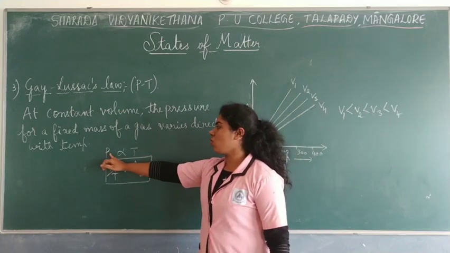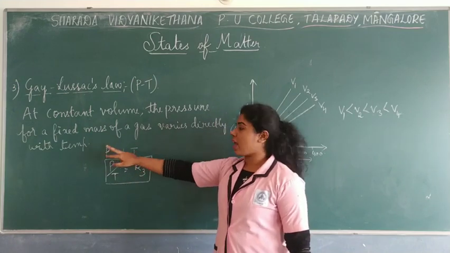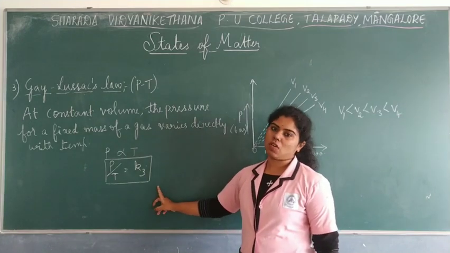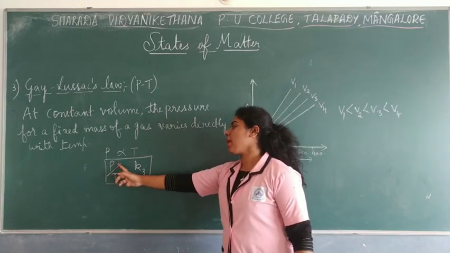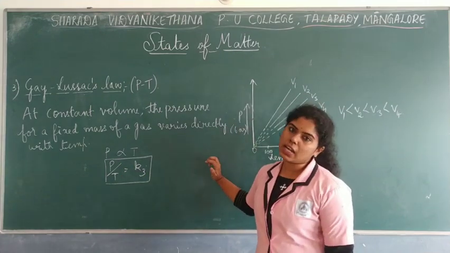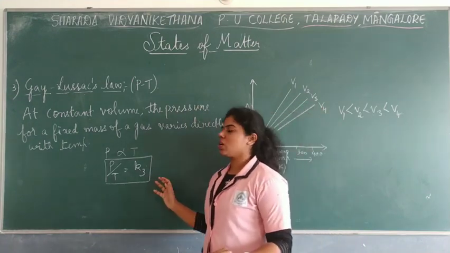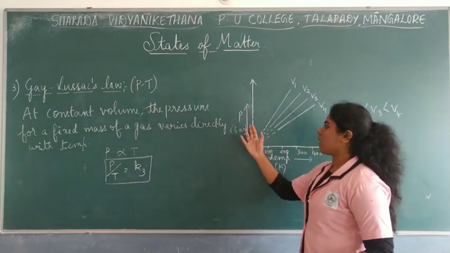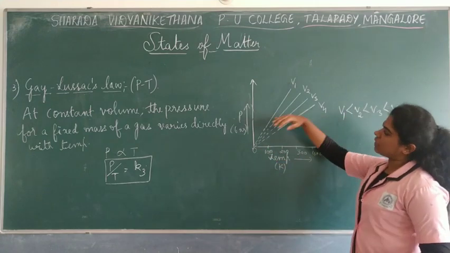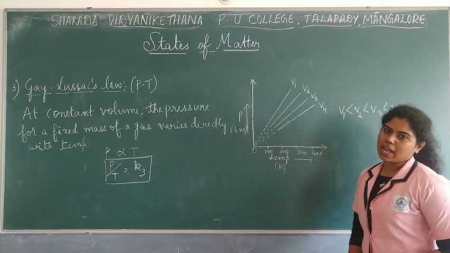As you all know, when two quantities are directly proportional, you divide them and you get a constant. When they are inversely proportional, you take the product and you get a constant. So here it is P by T is equal to K3, wherein K3 remains the proportionality constant. This is very simple to understand. When the graph is plotted for temperature and pressure, when the temperature increases, the pressure also increases, keeping the volume fixed as well as the mass of the gas fixed.